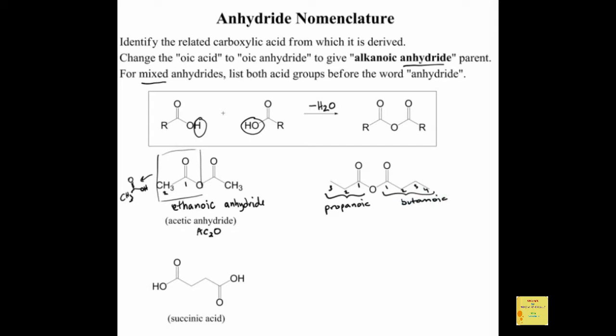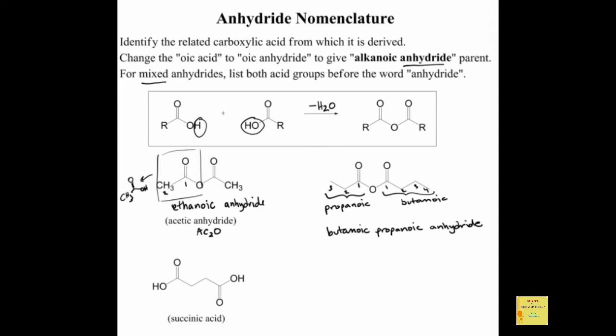And so when we brought those 2 acids together, if we think about that as a way to come up with the IUPAC name, we just list them alphabetically. This is butanoic propanoic anhydride. And it seems so simple that it would be a common name, but that's actually how you do the IUPAC name. You just list the 2 halves of the anhydride.